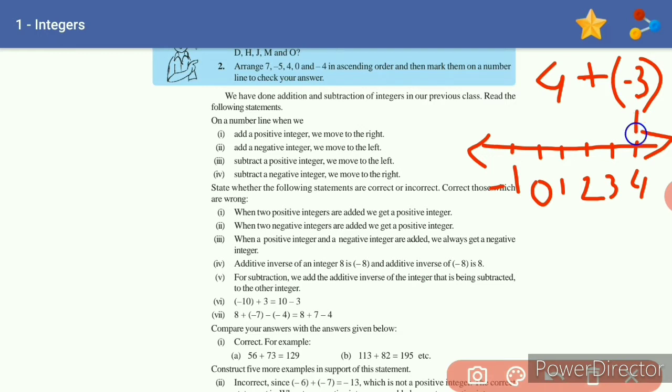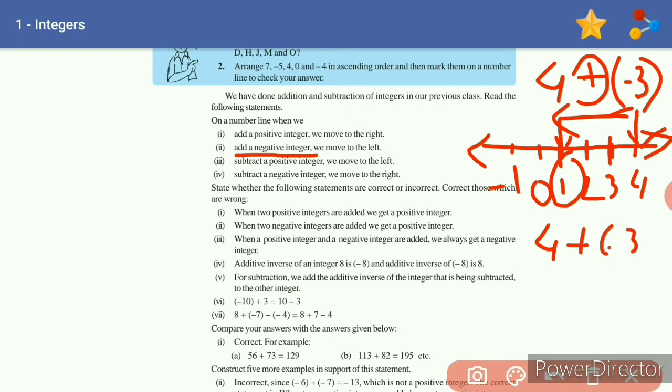First I have to mark 4. Where is 4? Here. And see what is written here: if you add a negative integer, -3 is a negative integer, yes, so first mark the 4 and we move to the left. Move left up to 3 steps: 1, 2 and 3. So the answer is 1. So 4 plus -3 is equal to 1.